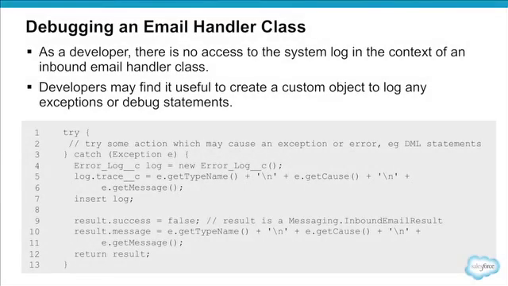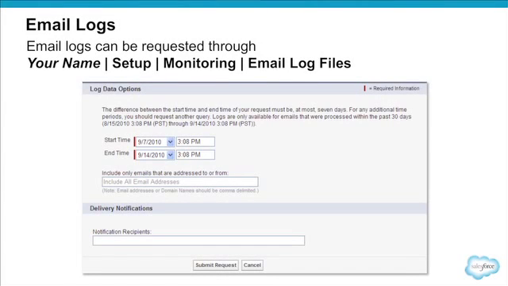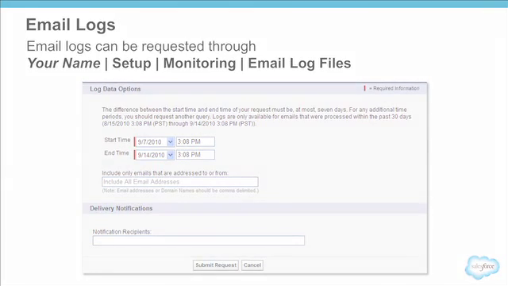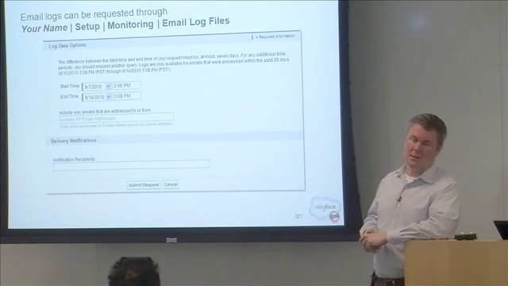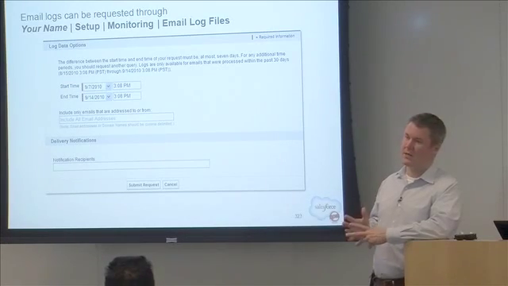I talked about the error logs already. There is the email logs, and this is found under monitoring, and so this is a log of all of the emails that the email service received. Because there's such a large quantity, what you do is you kick it off where you request the messages from a certain time period.